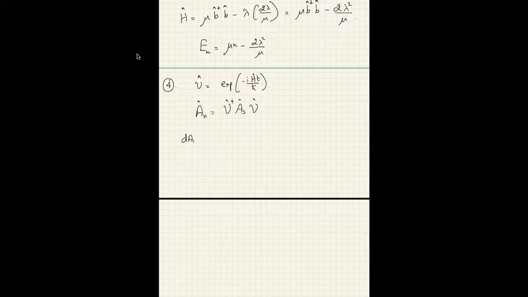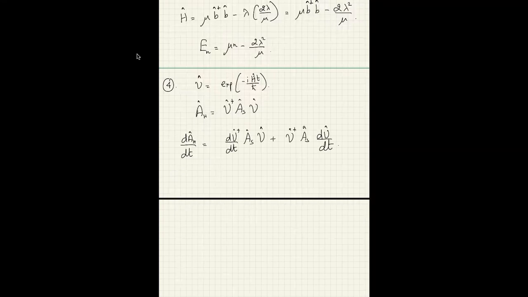So let us differentiate this. Remember that the Schrodinger operators are time independent, only the Schrodinger kets are time dependent. So this is equal to dU dagger dt A_S U plus U dagger A_S dU dt.